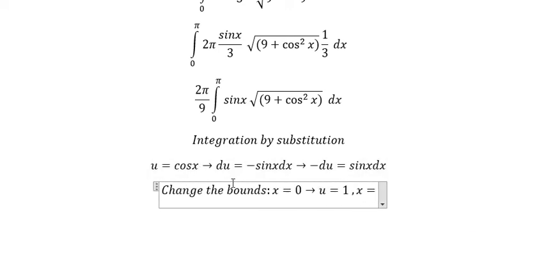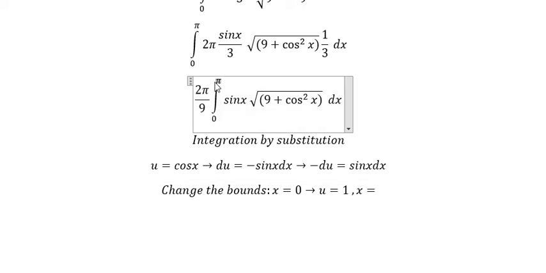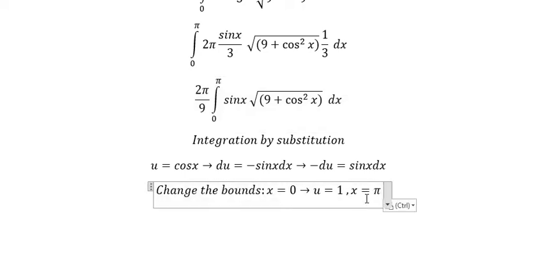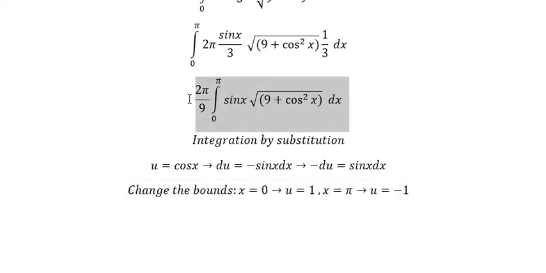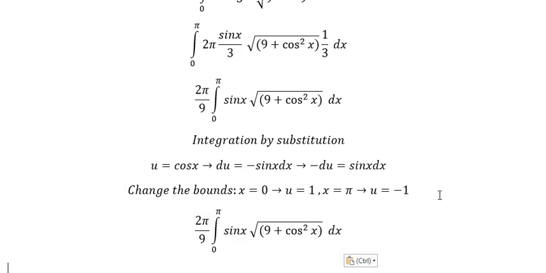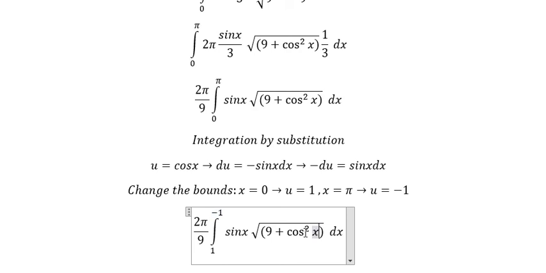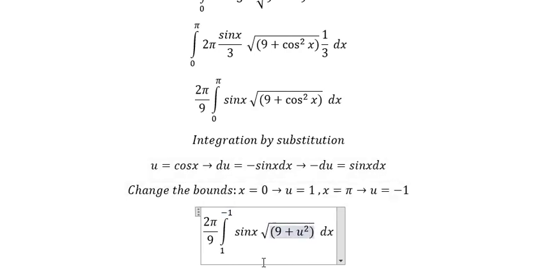When x equals b, we put b in here, and you get u equals negative 1. This one we change for 1, b we change for negative 1. Cosine x we change for u, so you have u squared. sin x dx we change by negative du.